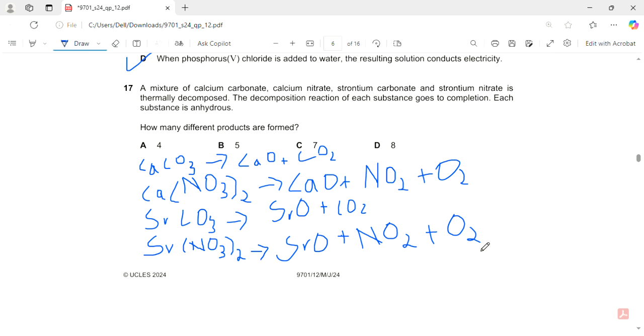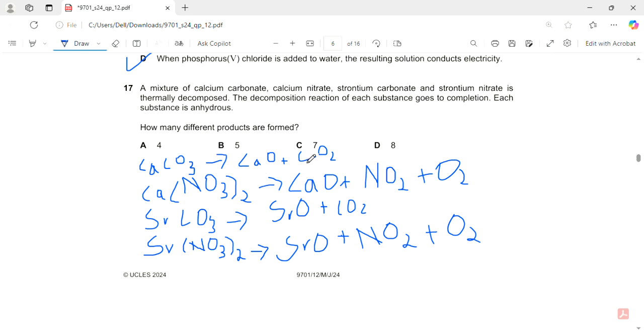I'm not balancing the equation here because we don't need it for this question. We just need to count because they are asking how many different products are formed. So this one, two different.